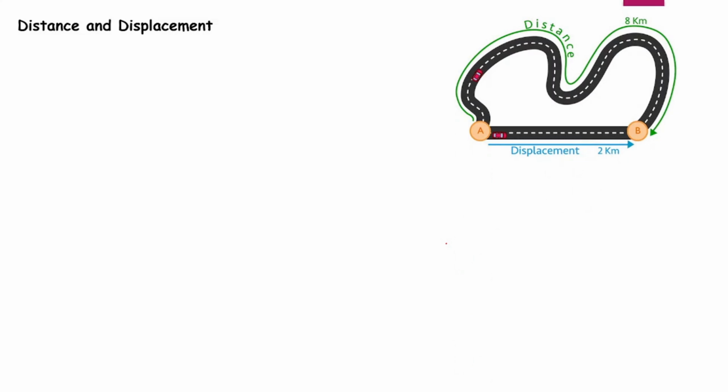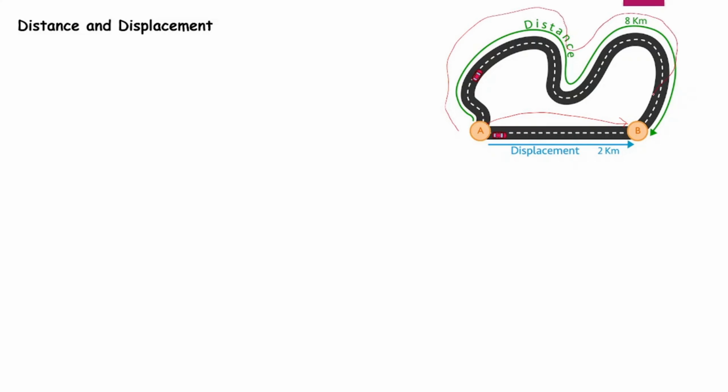Okay, next we want to see what is distance and what is displacement. Let us see a figure here. If there is a car which wants to travel from A to B, we can see that there are two ways. One, this car has to travel in a zigzag manner like this.